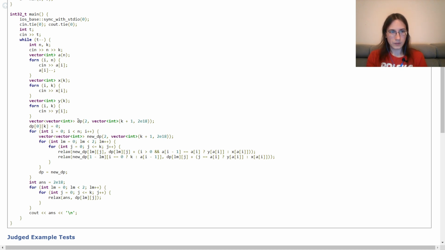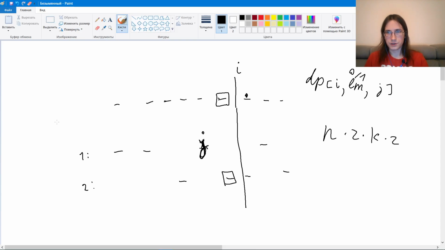Okay. And dp, my first parameter i is hidden. It means that it exists, but I only store the current layer of dp for i equals 0 initially. Initially, I store only states of dp where i is equal to 0. After the first iteration, I will store values of dp only when i is equal to 1.